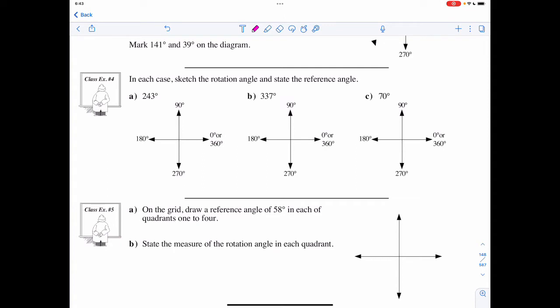So, if it's asking us to sketch the rotation angle and state the reference angle, then for this first example, 243 is going to be in between 270 and 180. There's my rotation angle. And if I go to the closest x-axis, then there's my reference angle.